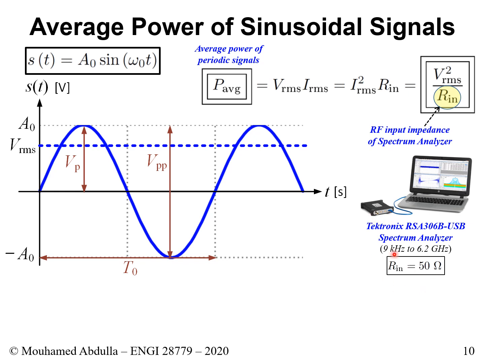For us, we're using the Tektronix one, which operates between 9 kilohertz up to 6.2 gigahertz. In other words, it would work for some of the famous wireless technologies. Your Wi-Fi would work here, your Bluetooth would work here, your Zigbee would work here, and some other technologies would also work here, your AM, your FM.